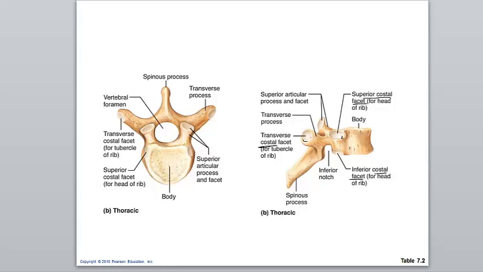So the rib head is going to sit over here. It's going to curve around like this and go anteriorly to your sternum. So it's going to go all the way like that and attach to the sternum. Okay. So you have superior costal facet, inferior costal facet, transverse costal facet for your ribs attachment.